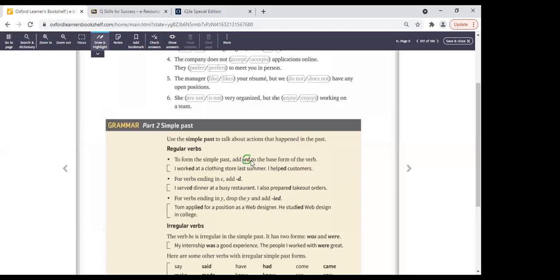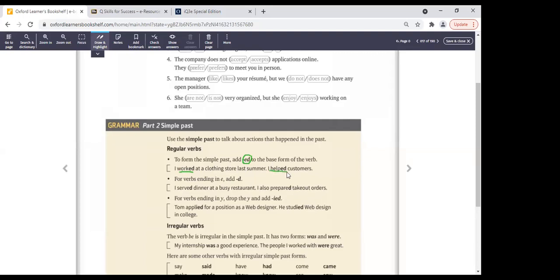Munir, what else can we add? In a regular verb, we add ed after the verb. Okay, good. So work becomes worked, or help becomes helped.